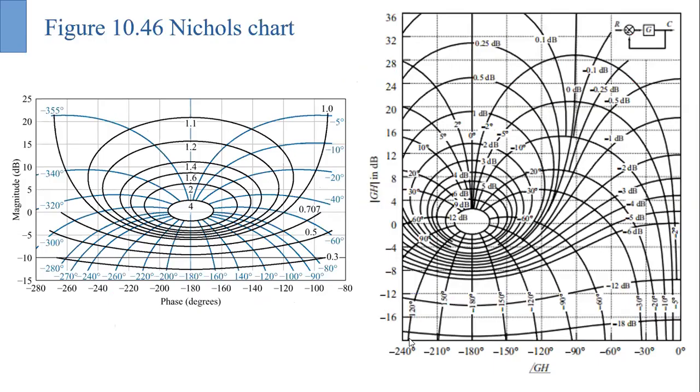The problem with the M circle is that the gain is not in dB, rather the gain is a simple magnitude. If you try to plot the Bode diagram, the Bode diagram is in a logarithmic scale, and because of that it is very difficult.